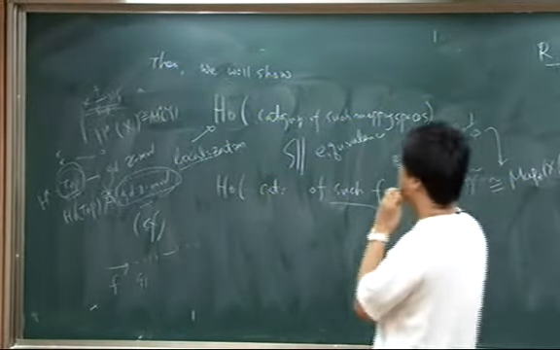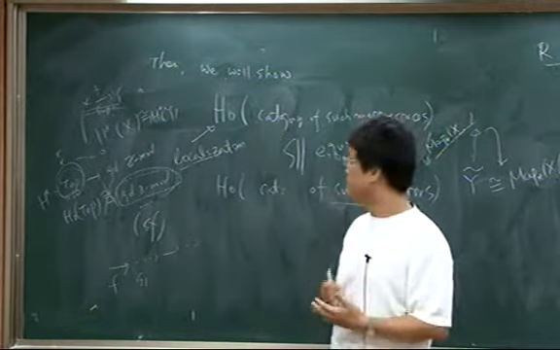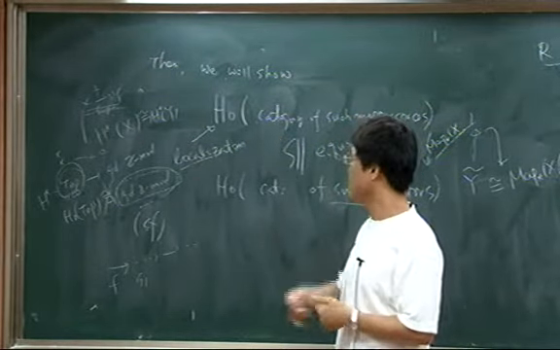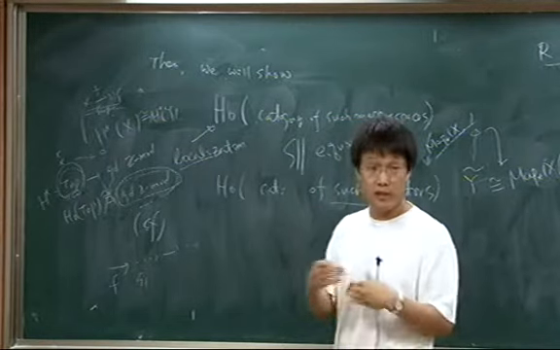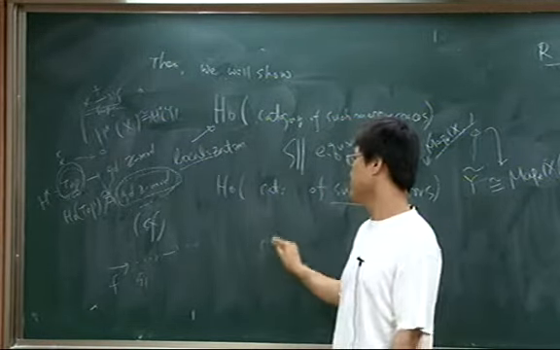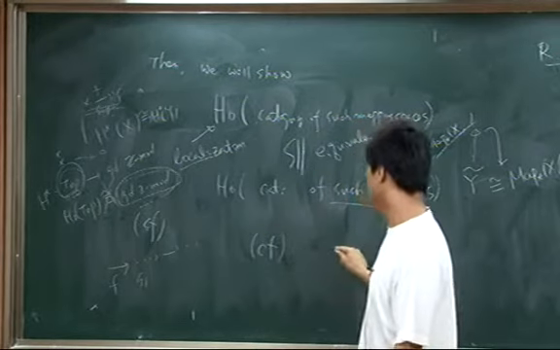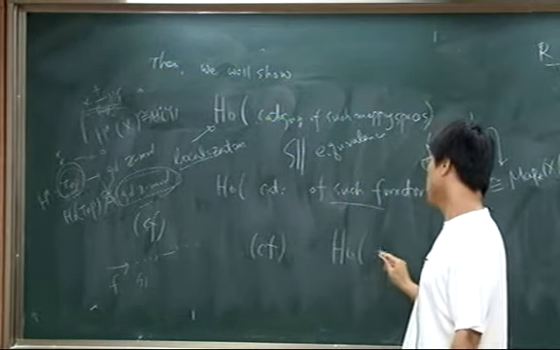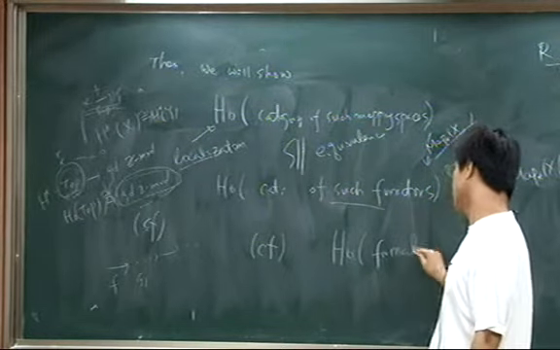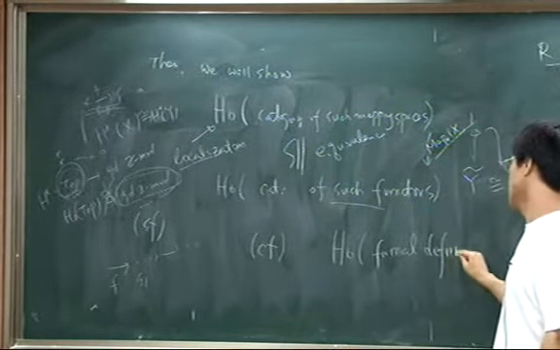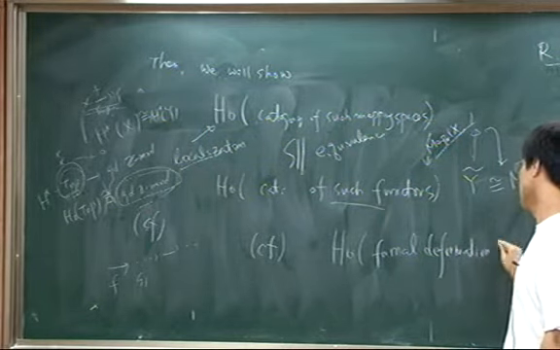So most of the problems people are working on nowadays are about comparing homotopy categories, like localizations of categories. A typical example is the homotopy category of formal deformation problems.